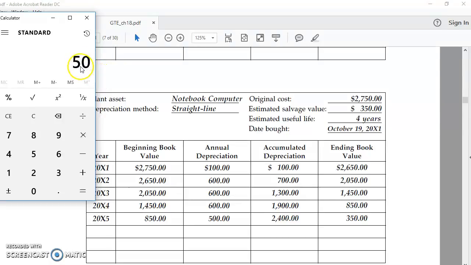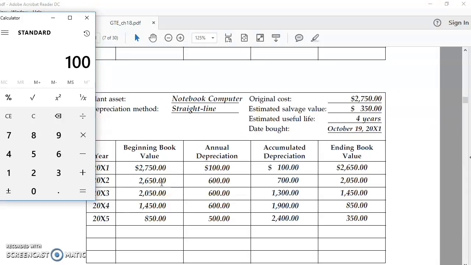Therefore, you're going to take 50 times 2, 1 for November and 1 for December, which is your $100 annual depreciation for that first year. So you're going to put $2,750 here and $100 here. Subtract the $100 from the $2,750 to get the $2,650. Bring the $2,650 down here.